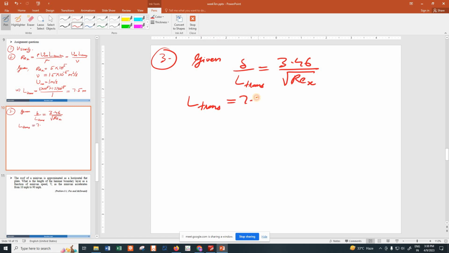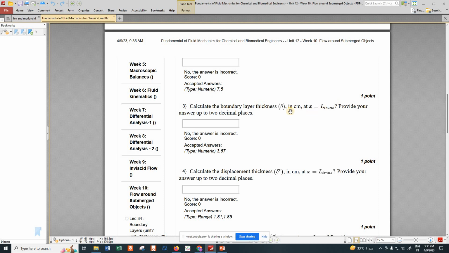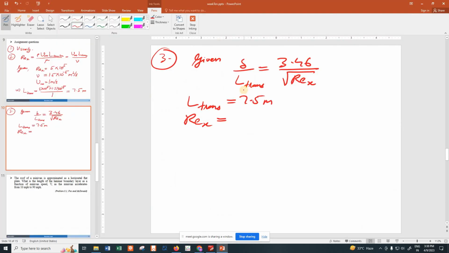L transition is equal to 7.5 meter, and Reynolds number x is to be calculated at the L trans, right? And at the L trans, the Reynolds number was given to be 5 into 10 to the power 5. Okay.